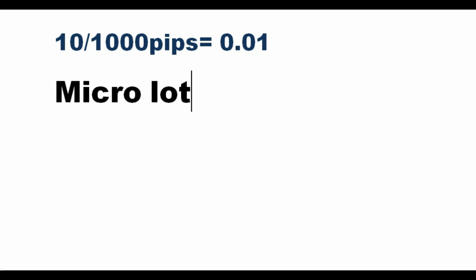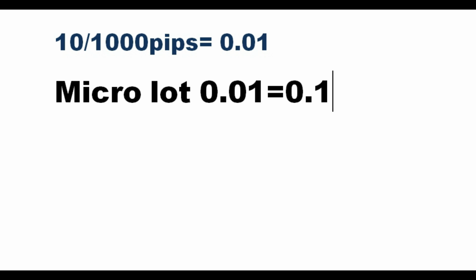Micro lot means 0.01. A micro lot means 0.01, which implies that each pip is going to be equivalent to 0.1.